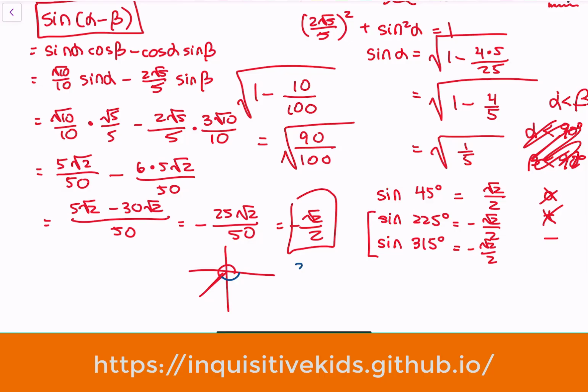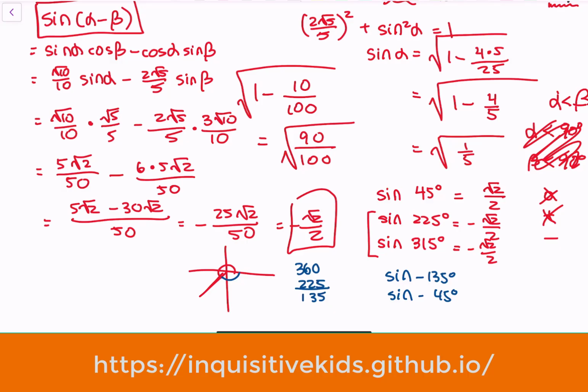So that would be 360 minus 225, which is 135. So we can say sine of negative 135 degrees. And same for 315. That's the same thing as negative 45 degrees. So the difference of alpha and beta can either be negative 135 or negative 45.